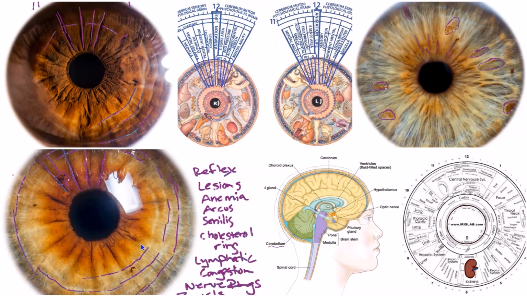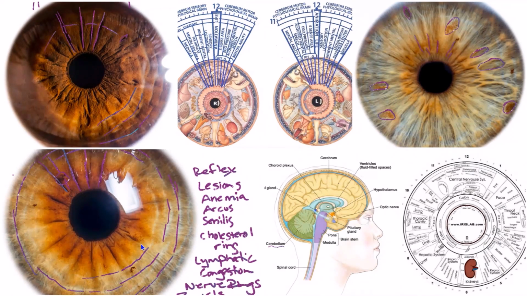But for today, I just wanted to show you the connection between different physical features of the brain, different organs and different glands of the brain, different areas of the brain, and how they relate to the brain zones.